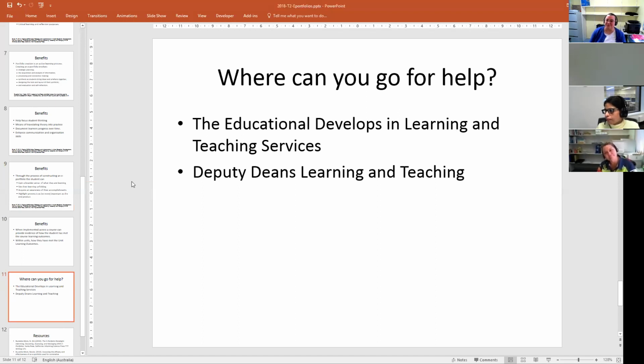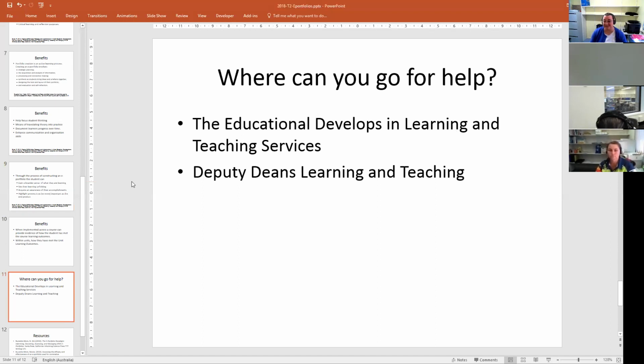That's good. Portfolios, as we've seen, are not just for our students, they're for us, but they're for any context in learning. As a professional, you may have to keep some form of portfolio to show your own professional development, any professional development opportunities that you do, or even career development.